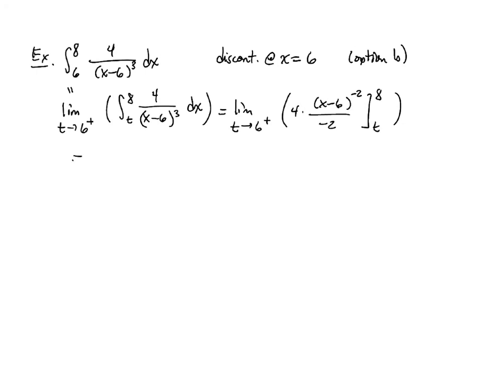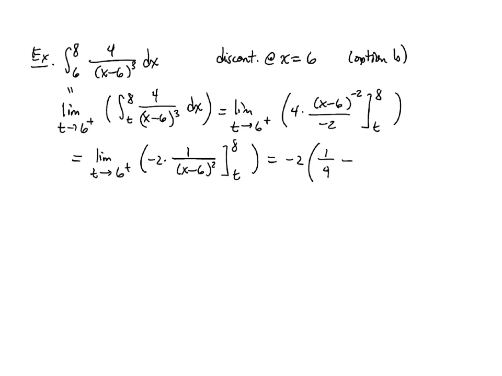Again, let's see here, the 4 and the minus 2 cancel, and when we plug in 8 and t, let's simplify, we end up with negative 2 times 1/4 minus 1 over t minus 6 quantity squared.